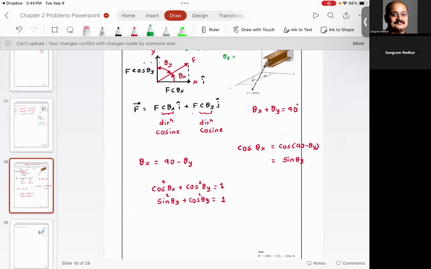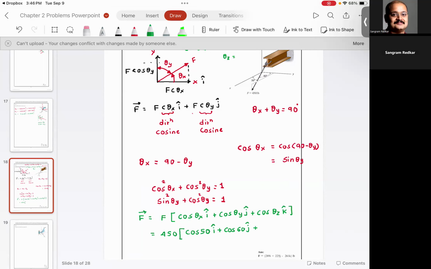To represent the force as a Cartesian vector, I would say F, which is the magnitude of force, 450, times cosine theta x i plus cosine theta y j plus cosine theta z k. Are you with me? And that is the Cartesian vector. So I would write 450, theta x is 50, cosine 50 i plus cosine 60 j.